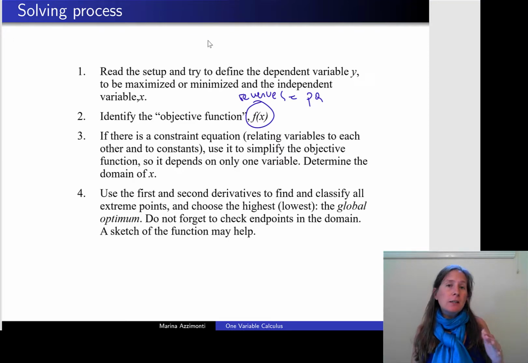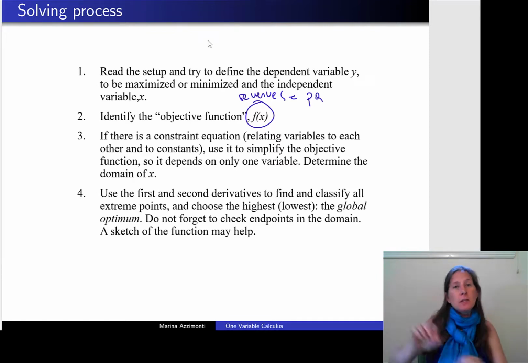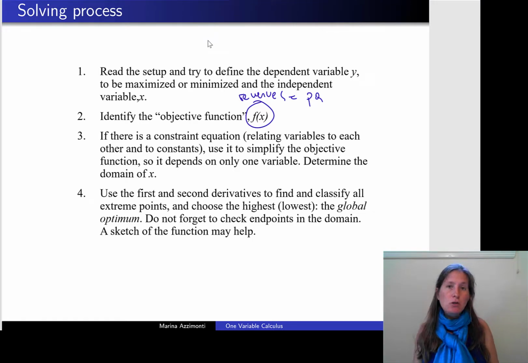And if there is, and it's a constraint that holds with equality, whether you can substitute it back into the objective function so that you make this a problem of only one variable. And you want to figure out what the domain of X is going to be. Fourth, you want to use our first cookbook of how to find maxima and minima using first and second derivatives. And sometimes plotting the function might help.